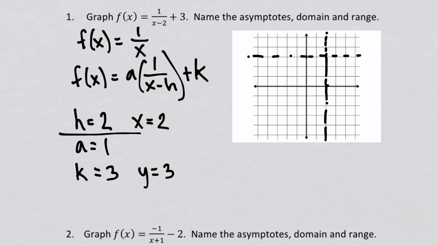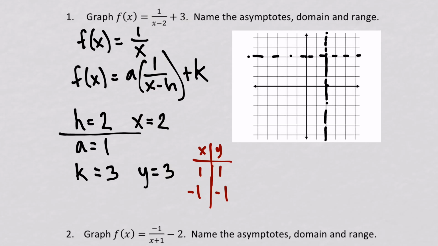A is simply 1, which means that my graph is not changed. It's simply going to be 1, 1, and negative 1, negative 1. So like this, watch. Let's make our table. 1, 1, negative 1, negative 1 is my parent function.